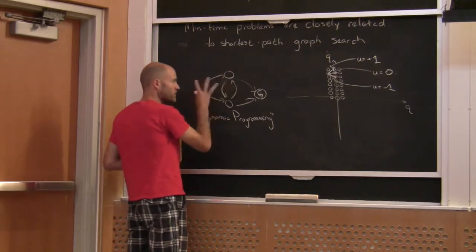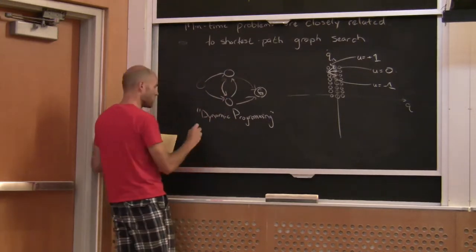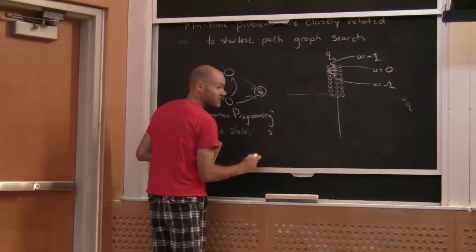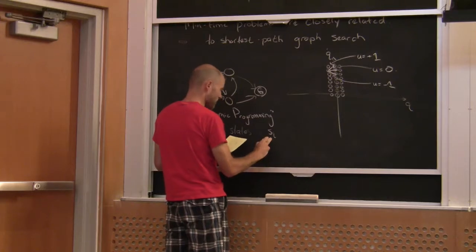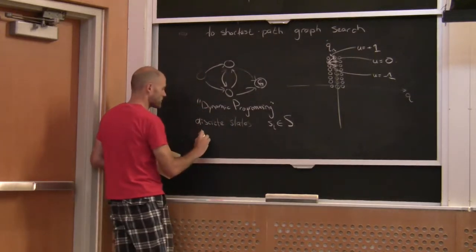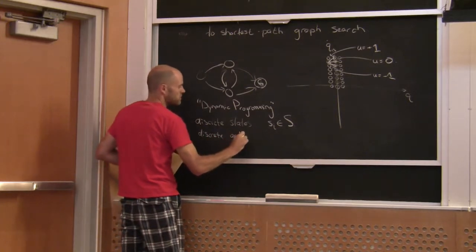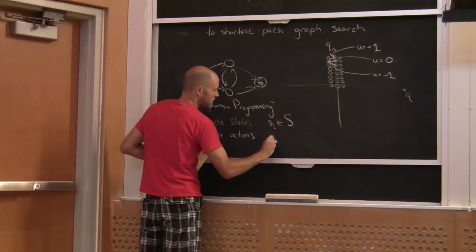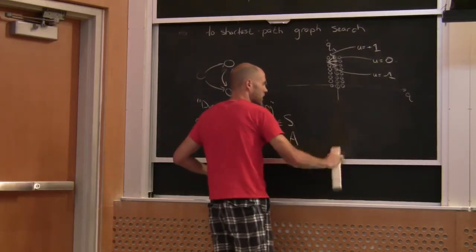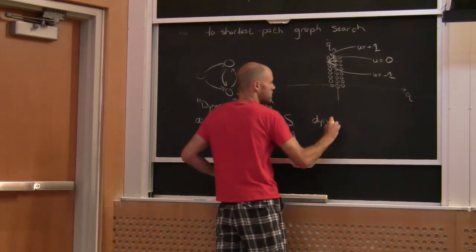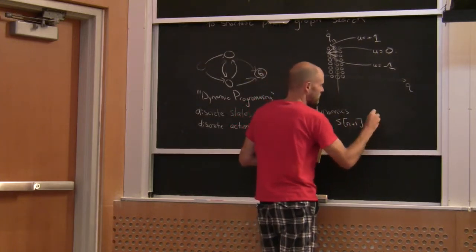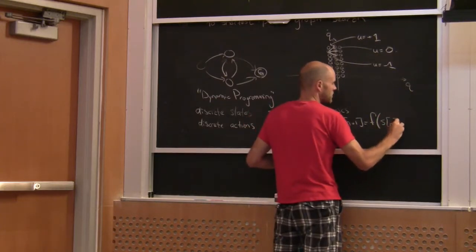If we're willing to simplify ourselves to this discrete state, discrete action world, then just to be really clear, when I write discrete states, I'll use S instead of X. I'll have some list of states S_i that are in some finite set S. I'll have discrete actions A. My dynamics are now similar, but they're going to look like S_{n+1} = f(S_n, A_n), since we're going to discretize in time too.